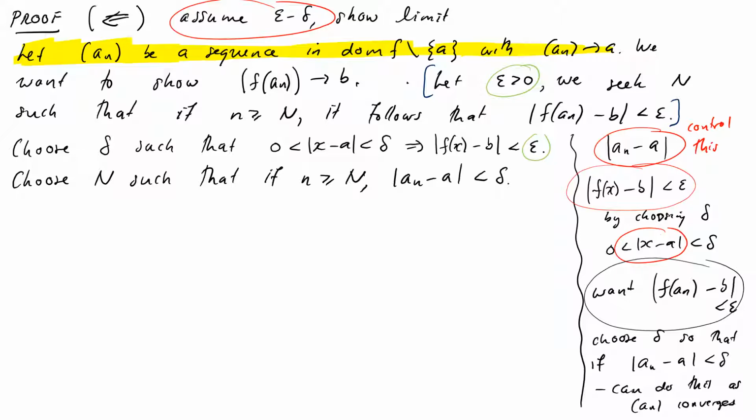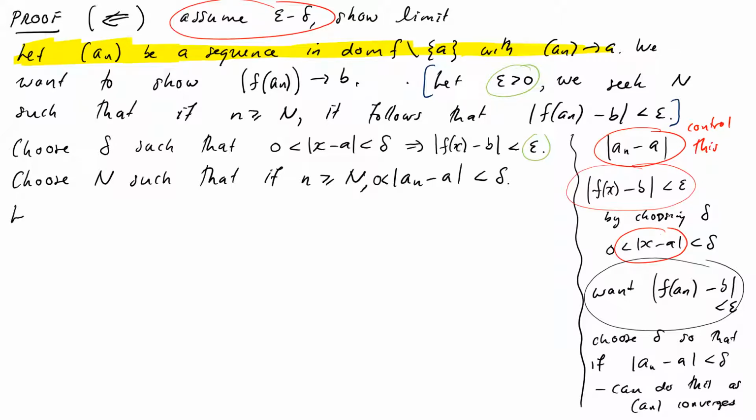So I've chosen delta from the epsilon-delta property, I've chosen N from the convergent sequence property, and now all I have to do is link them together. I also know that a_n is not equal to a because it's in the domain minus a, so I can also insert 0 in here. So I've chosen my N. I now just need to demonstrate that |f(a_n) minus b| is less than epsilon. If I can do that, then we're all good.